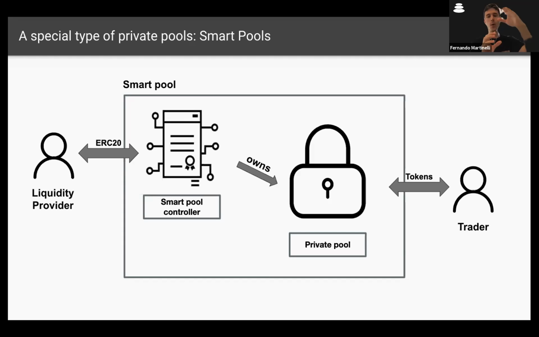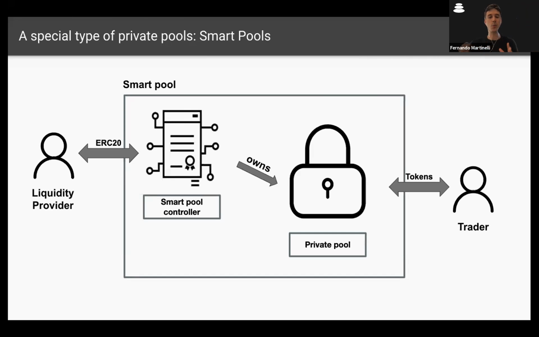So instead of Juan or Will owning a private pool and putting their money in, it's a smart contract that's putting its money in. The controller of the smart pool can be a gateway for external liquidity to be added to this private pool, which is flexible according to the rules of the controller.